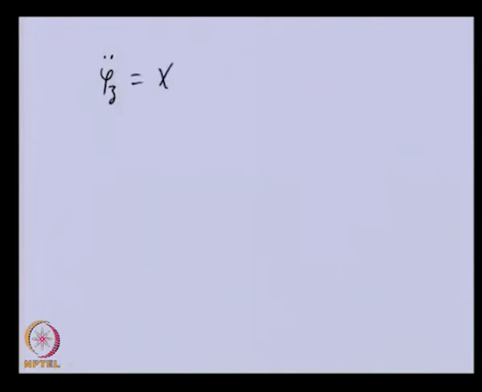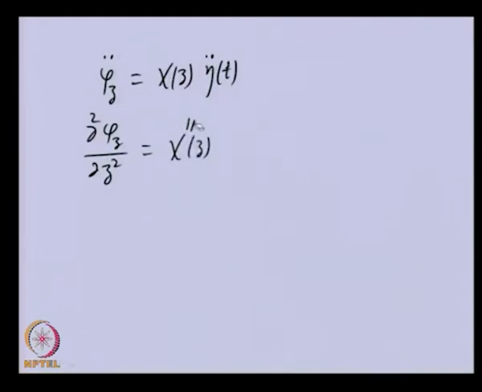Obviously, this will not differentiate the chi function, only the eta function which is time dependent. If I differentiate with respect to z, that will go into chi. I am representing that with a prime to denote the partial derivative with respect to z, and eta will be as it is.